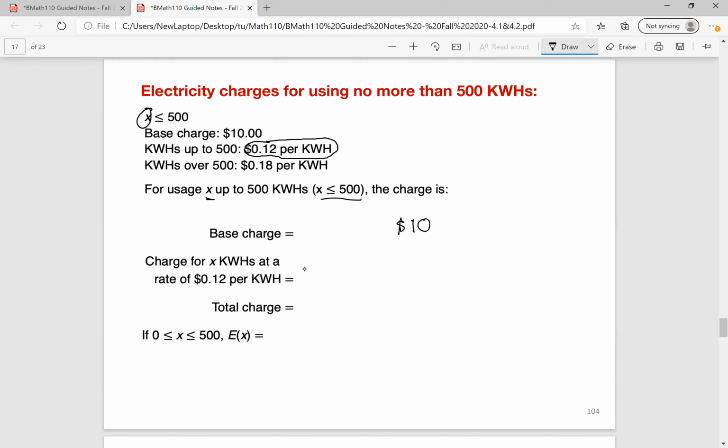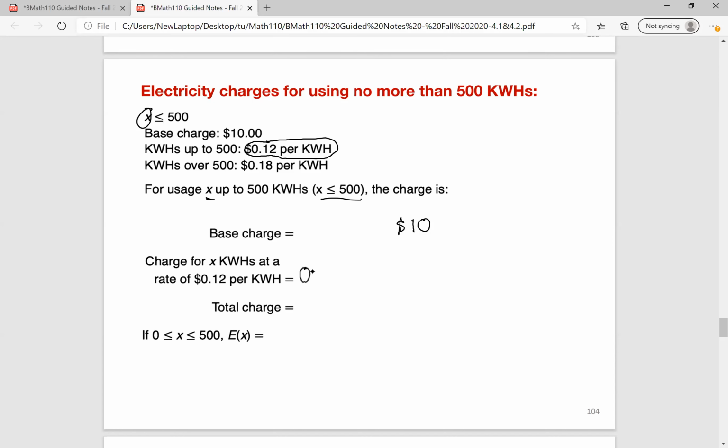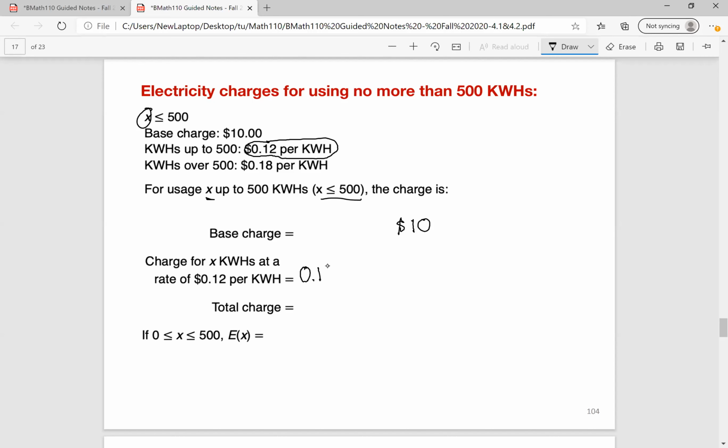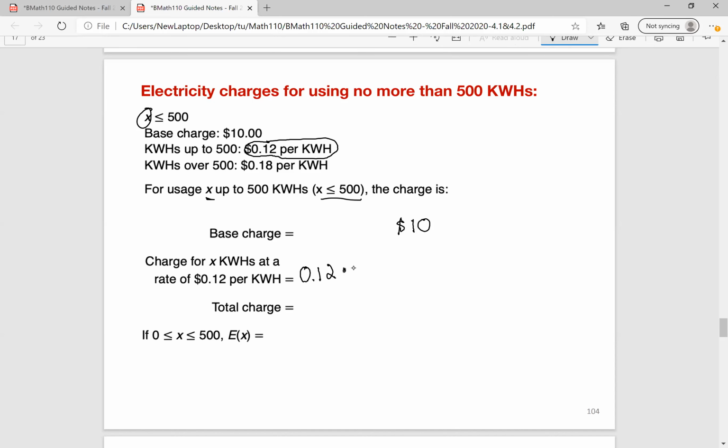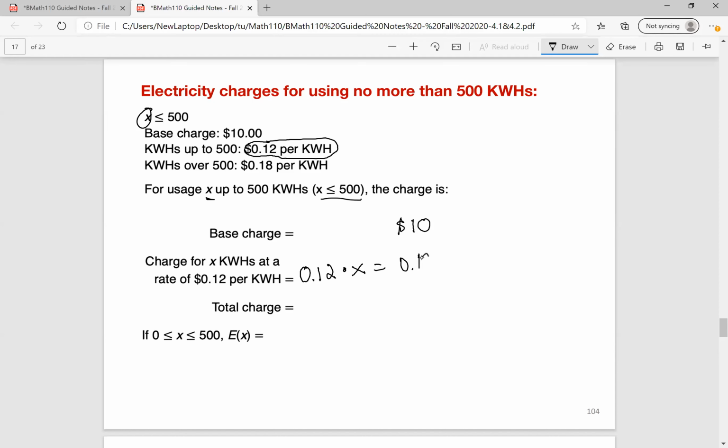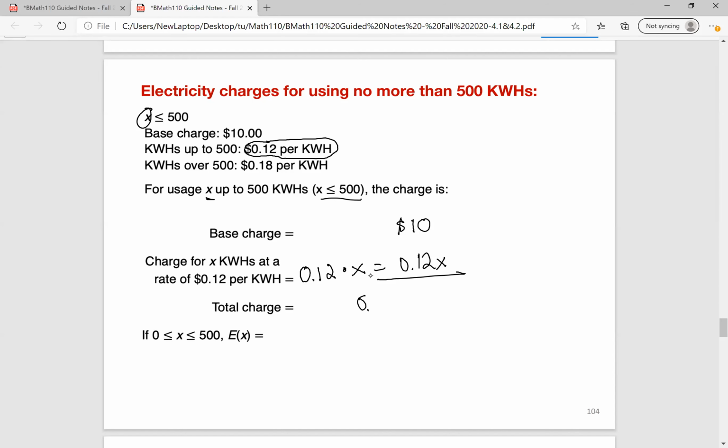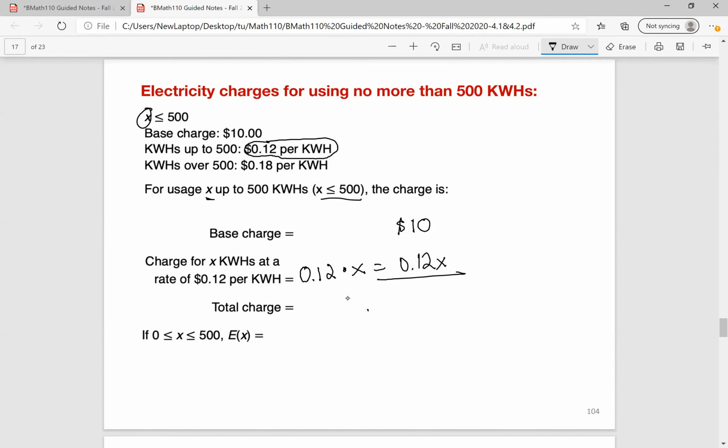And the charge for X is going to be 0.12 times X, which is 0.12X. And then the total charge will be 0.12X plus 10.